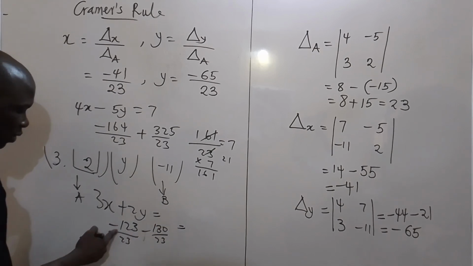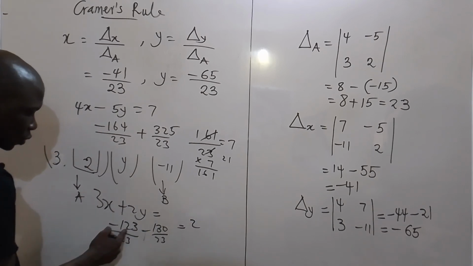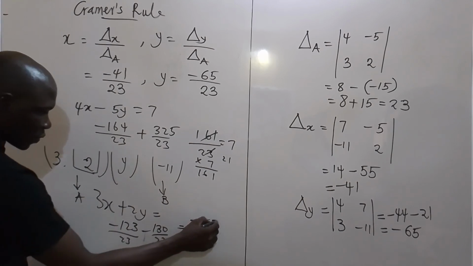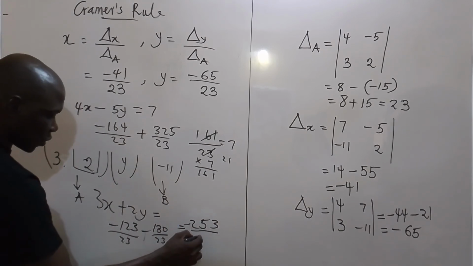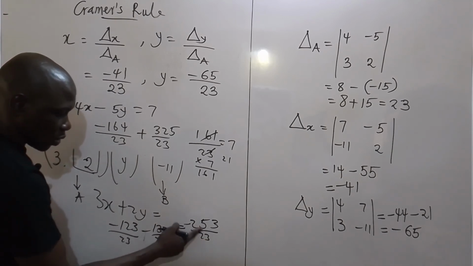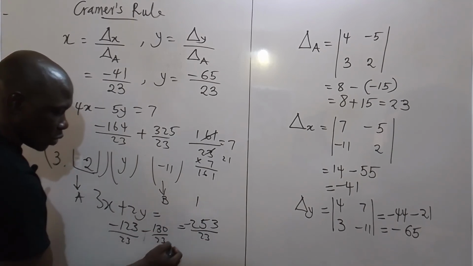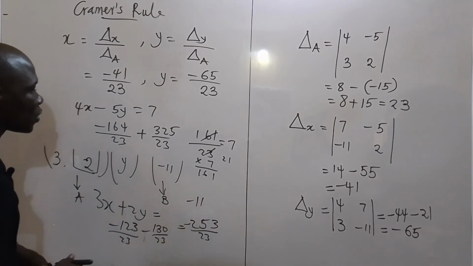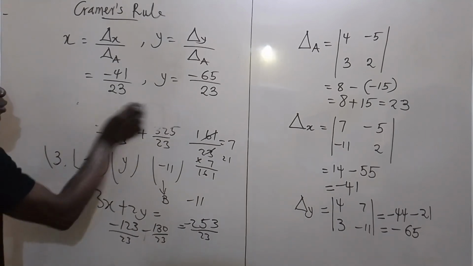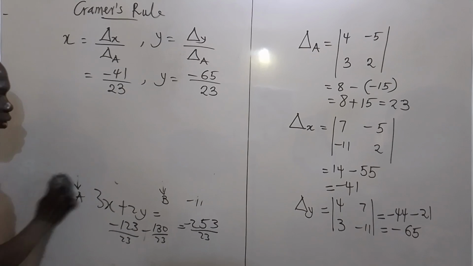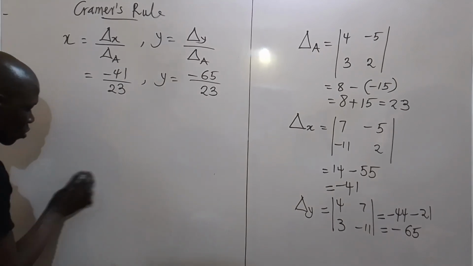So if we simplify this, it will give us minus 253 over 23. If you divide this now, 23 in 25 is 1, remaining 2, 23 in 23 again is 1, so this is minus 11, which is correct. All right, so you can do this every time you solve an equation. You can be very sure that your answer is correct.